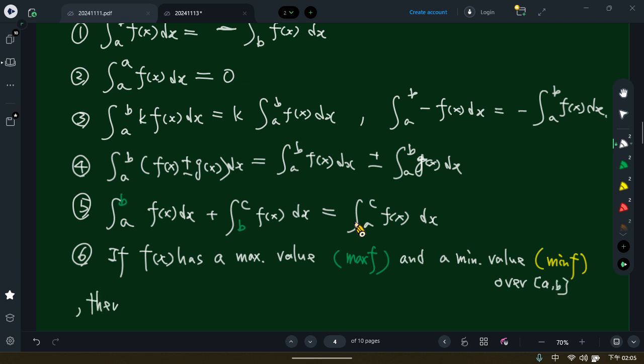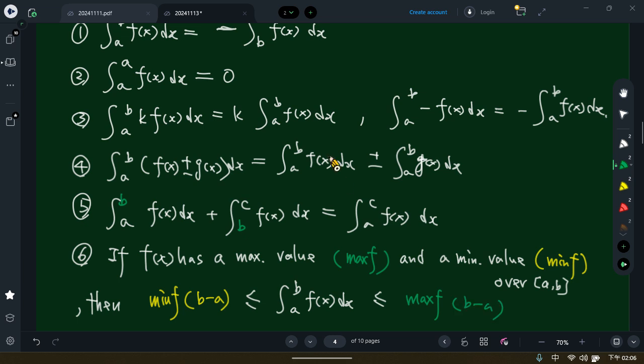Then min f times b minus a will be less than or equal to the integral from a to b of f of x dx, and less than or equal to max f times b minus a.